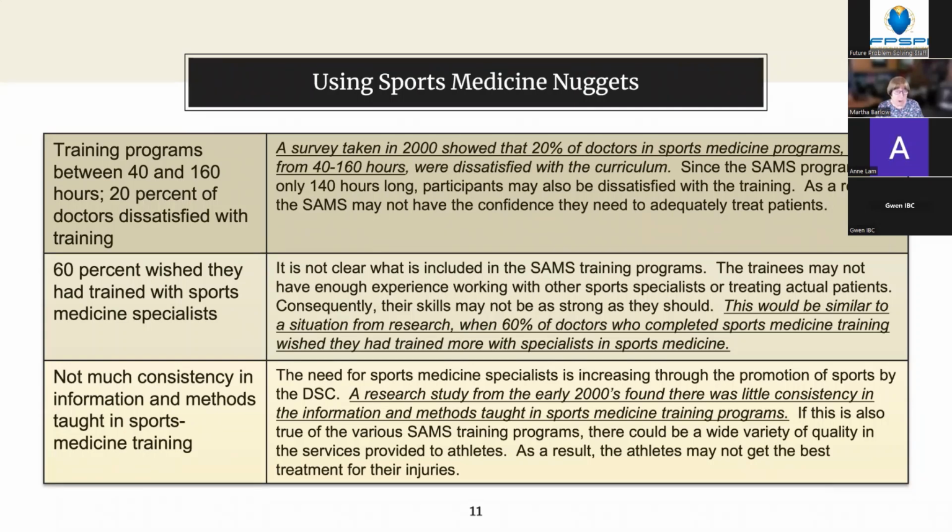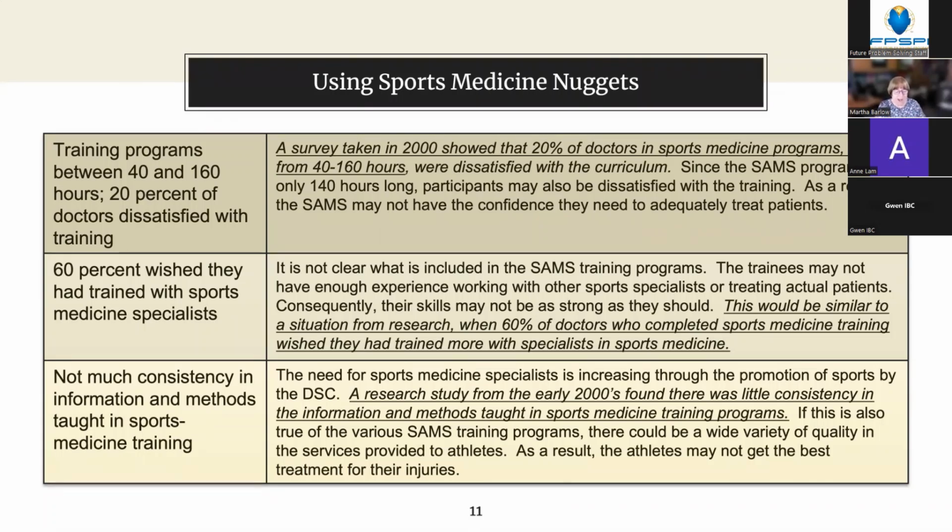Since the SAMS program, the organization running the training in the future scene for this topic, is only 140 hours long, participants may also be dissatisfied with the training. And as a result, they may not have the confidence they need to adequately treat patients.